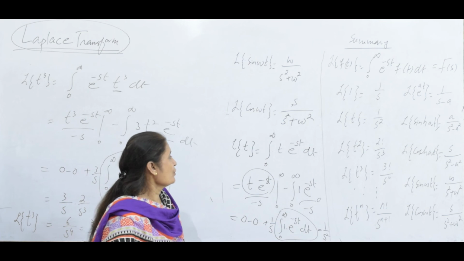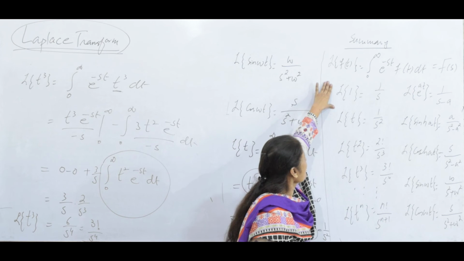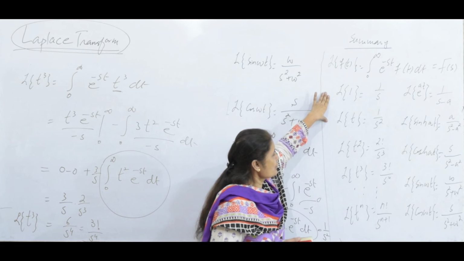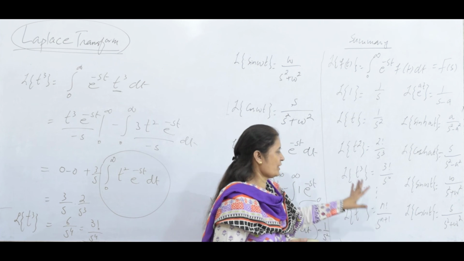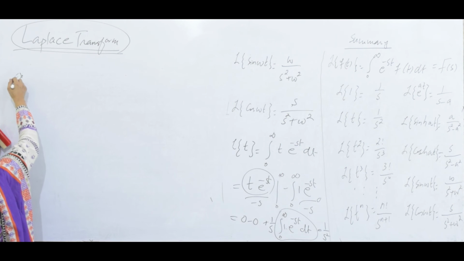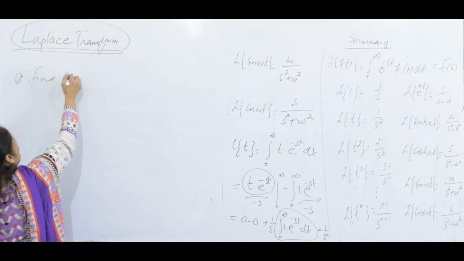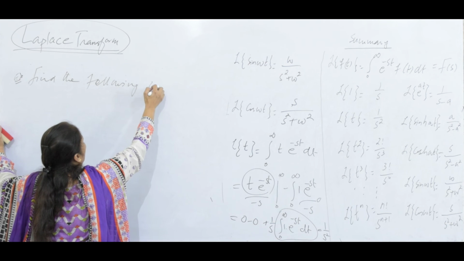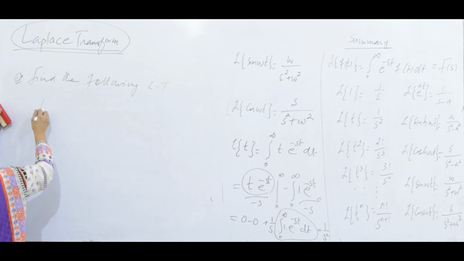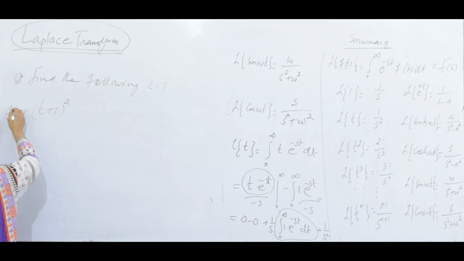Before going to the next, you should remember this either by heart or by practice, because whenever you have to find a Laplace transform, you are applying these formulas. Example: find the following Laplace transform of t plus 1 whole square.